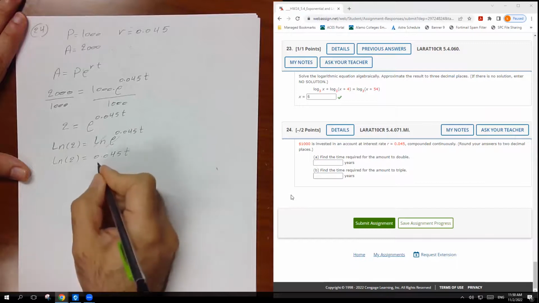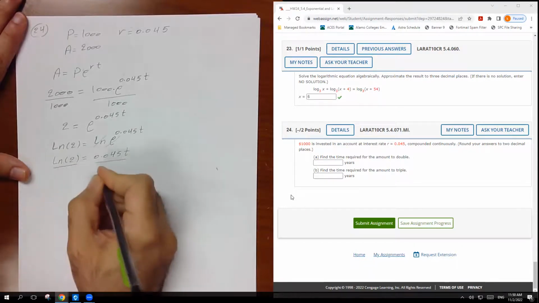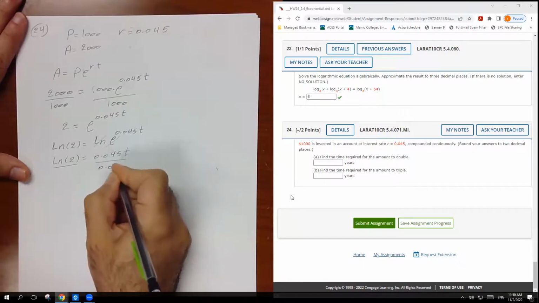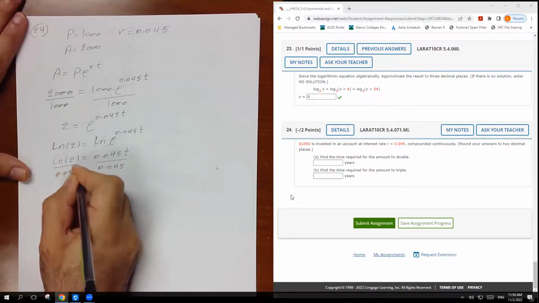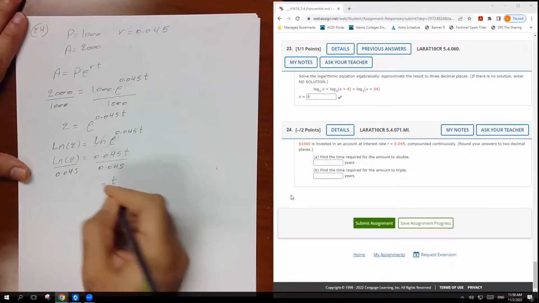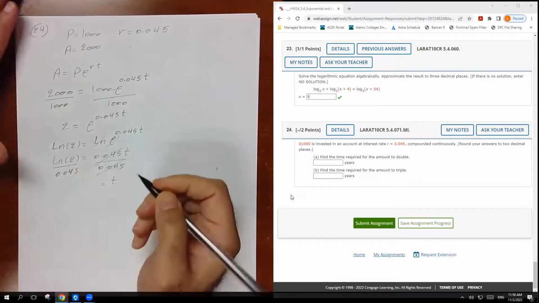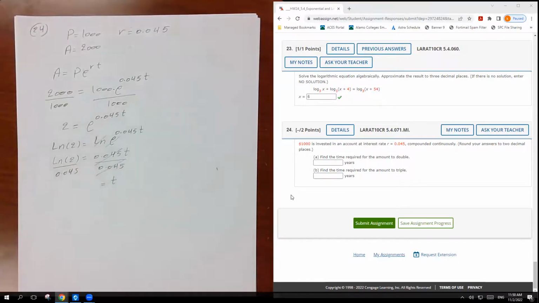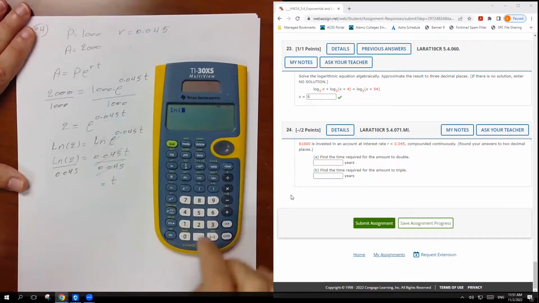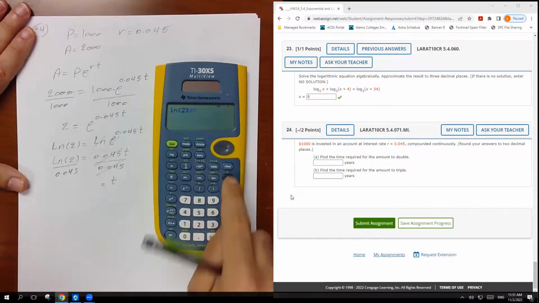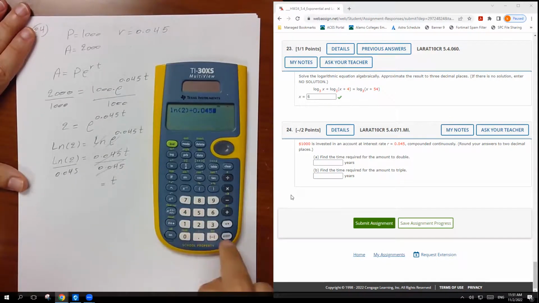To find the t, we're going to divide both sides by 0.045. That means t is going to be equal, you're going to cancel these two. t is going to be ln of 2 divided by 0.045.